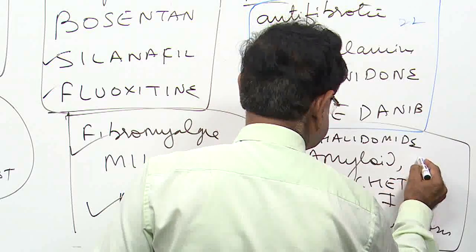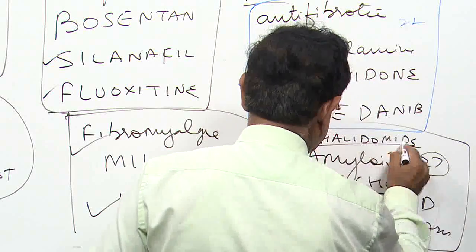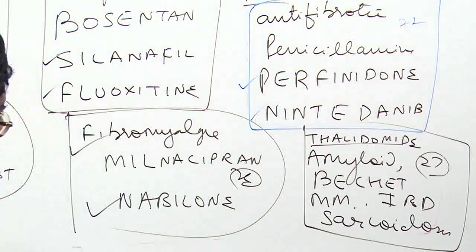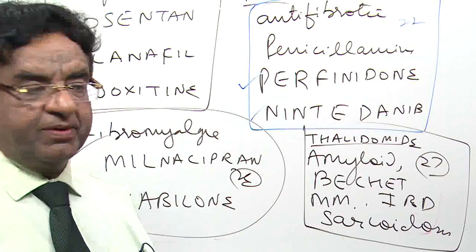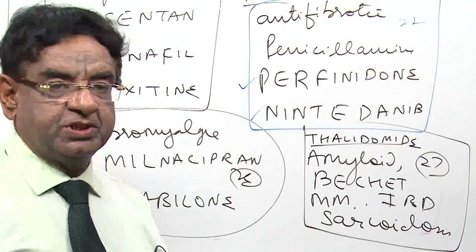Box number 27. Uses of thalidomide: amyloidosis, Behçet syndrome, multiple myeloma, inflammatory bowel disease, and sarcoidosis.